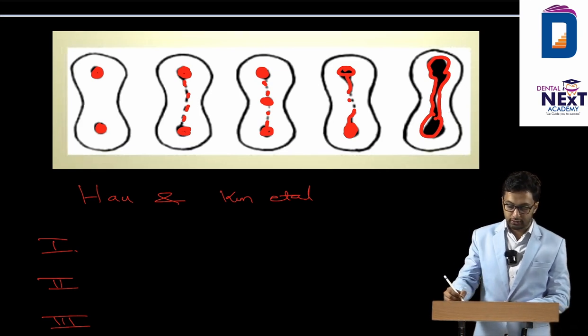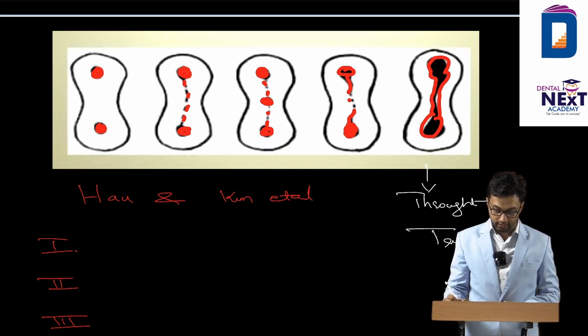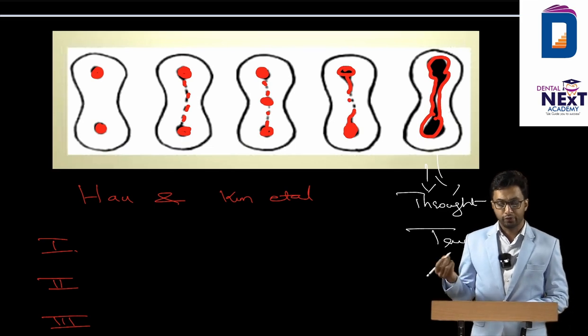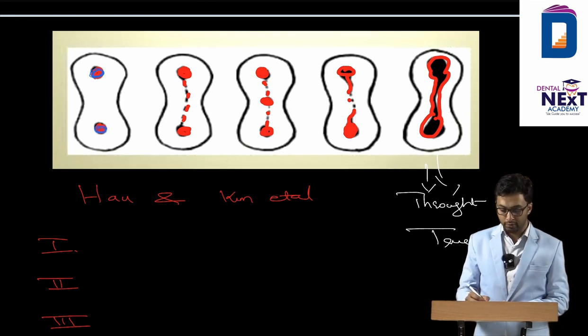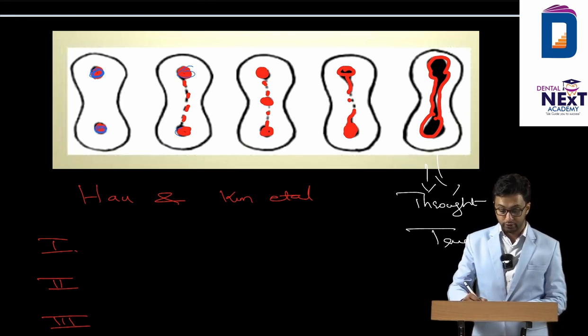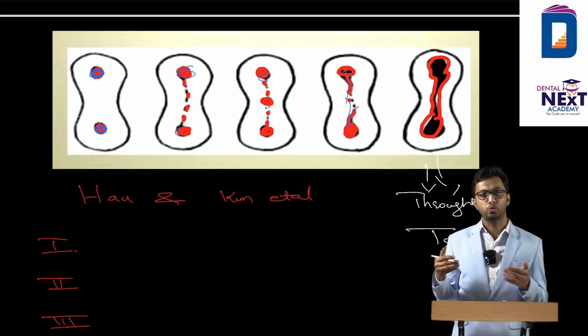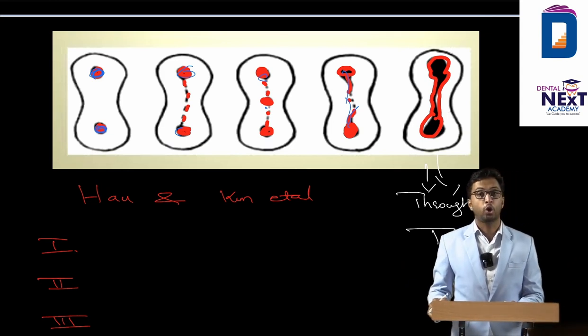If they ask you for through communication or true communication, then it is type 5. So it starts with 2 or 3 canals with no communication, 2 with communication, 3 with communication, canal extending into the isthmus, and true or through communication. That is the classification of Hau and Kim.